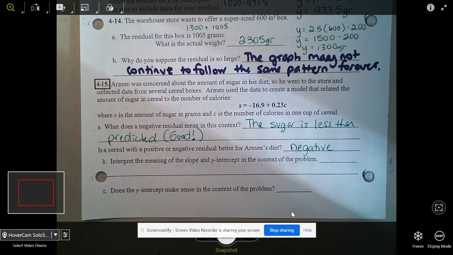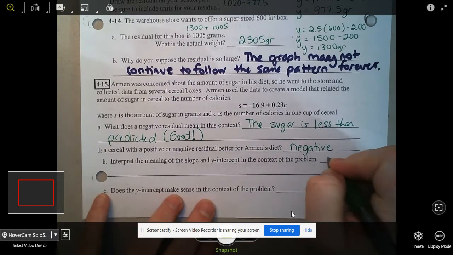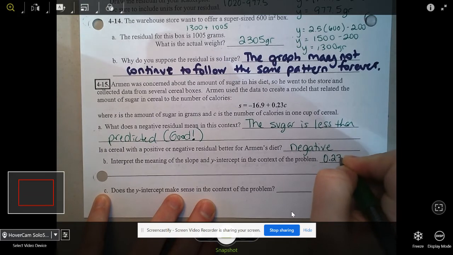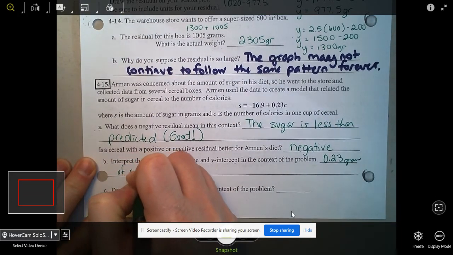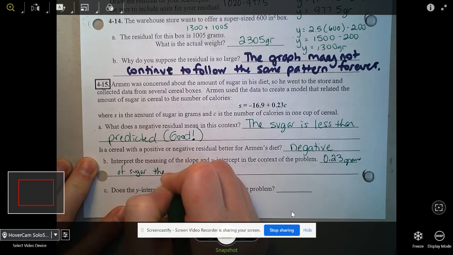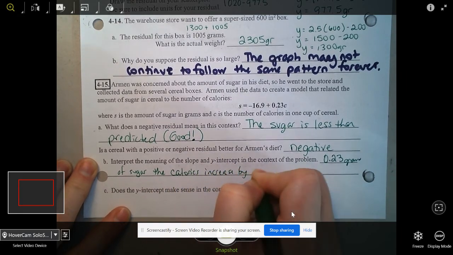Interpret the meaning of the slope and y-intercept in the context of the problem. So the slope is your 0.23. So for every 0.23 grams of sugar, the calories increase by 1, right?